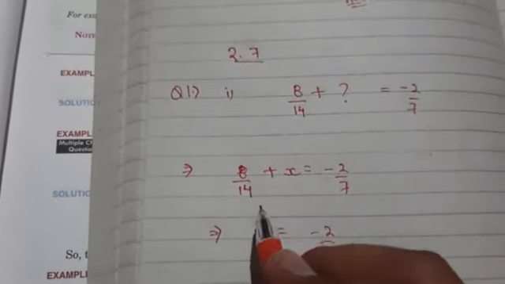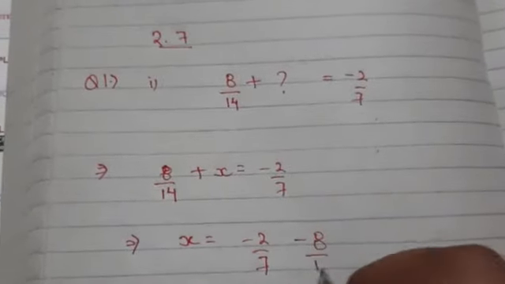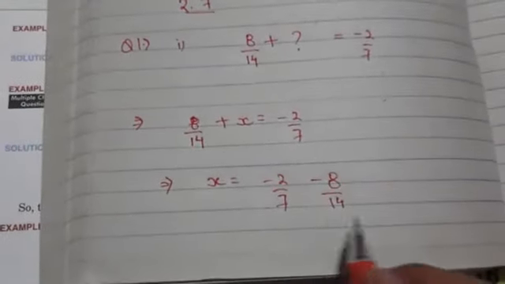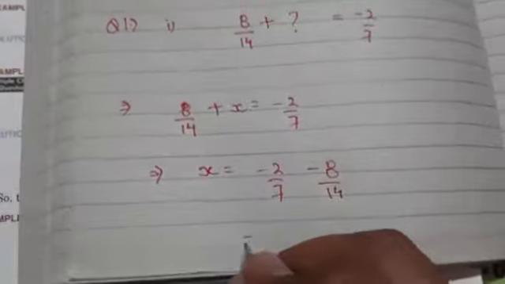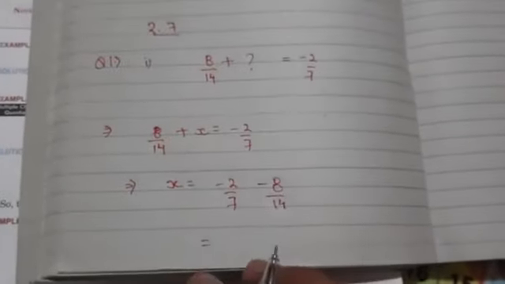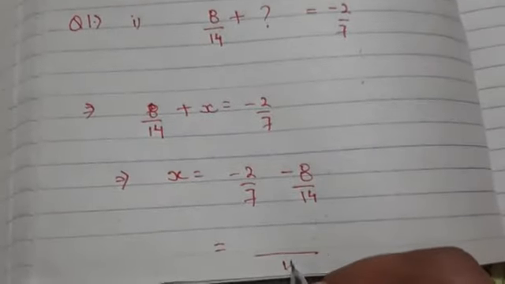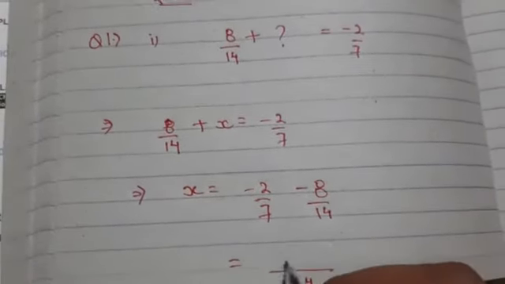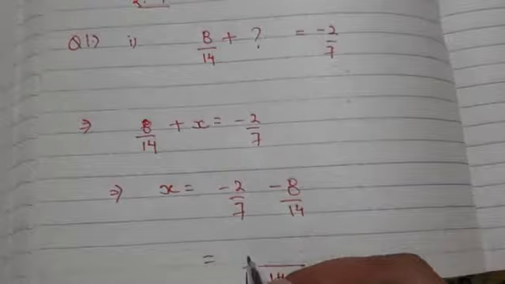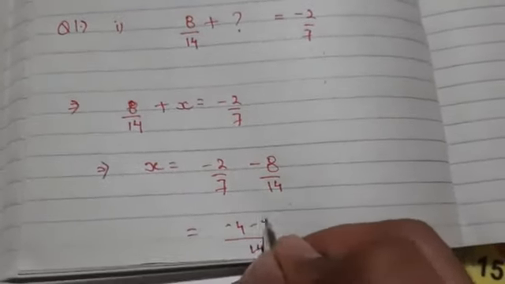So 8 upon 14 will become what? Minus 8 upon 14. Now again the denominators are different, take the LCM. So the LCM will be what? LCM will be 14 only. So 7 into 2, 14, 2 into 2 is what? Minus 4, here you will get minus 8.